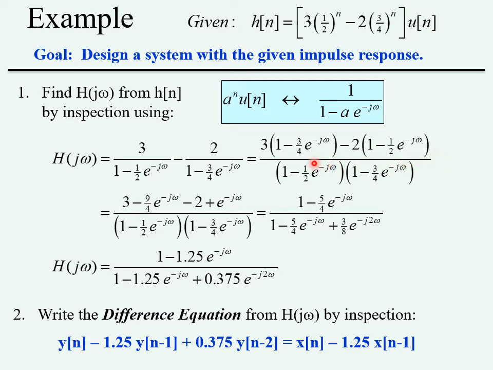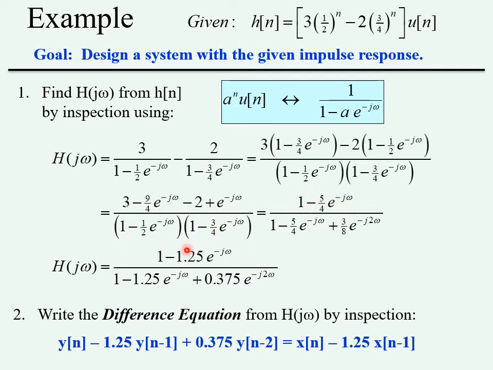Okay, so once we've done that, I've got this form here, and now I can distribute the 3 inside here and the -2 inside here, and write out the top. It's going to look like this. I won't read off all these terms. And then finally, we can simplify. Notice there's an e to the minus j omega here and e to the minus j omega here, so we can combine them together.